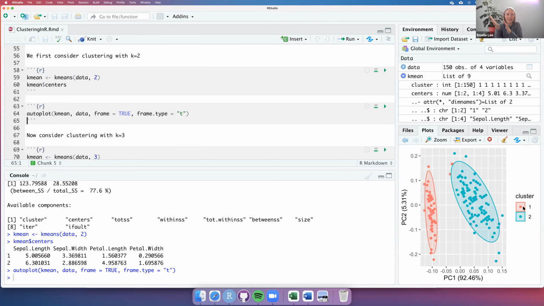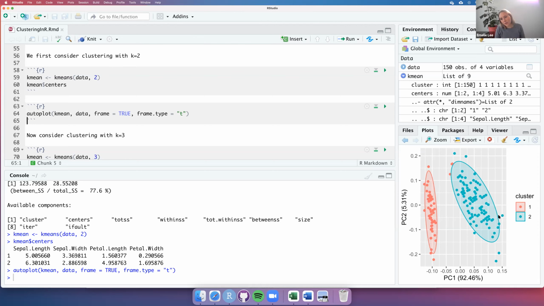We could have added our cluster information to our data set, and then we could have built a scatter plot where we, what's the word I'm looking for? Facet by the cluster, right? We could have done that. We could have generated something like this, but it's just nice to have that autoplot. So you don't need to use autoplot, but it's just nice and handy to have.